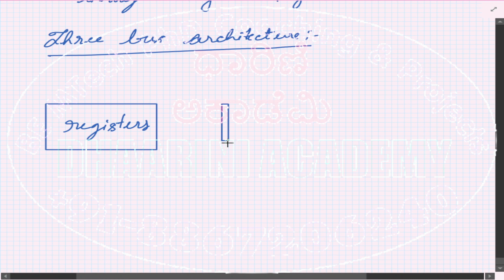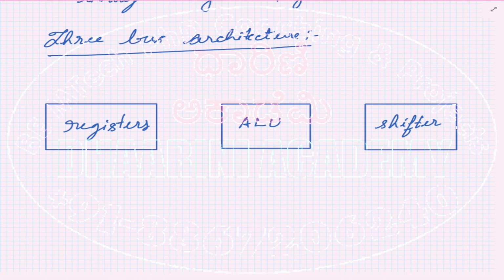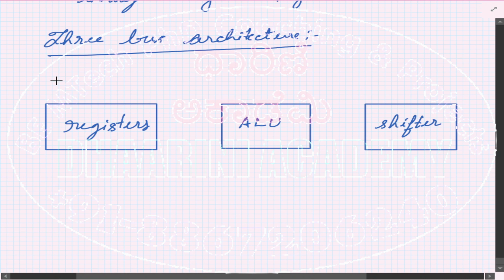Then we have ALU followed by shifters. Okay, now we are going to use 3 buses.